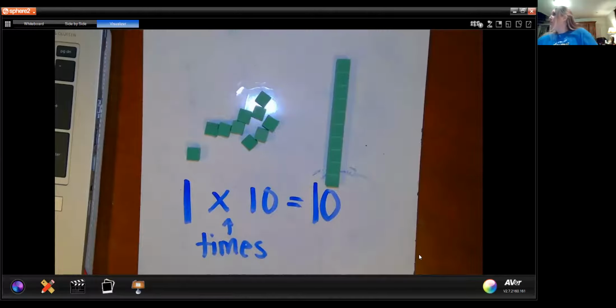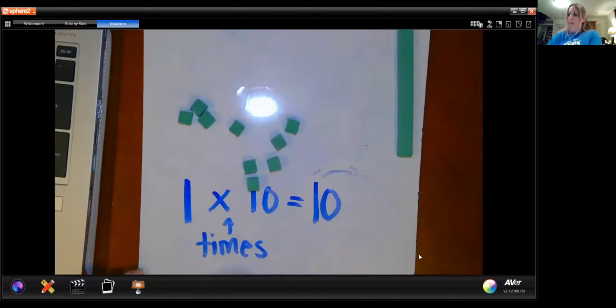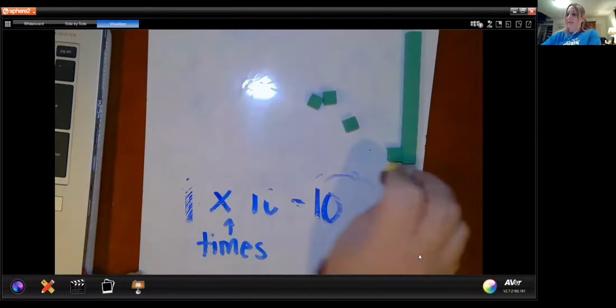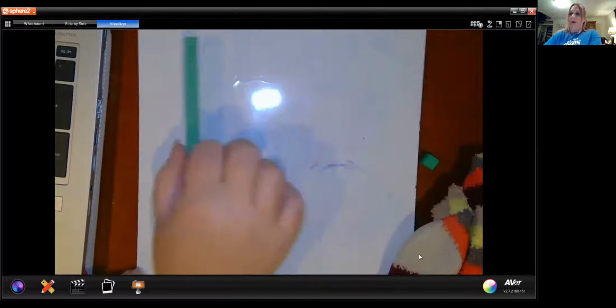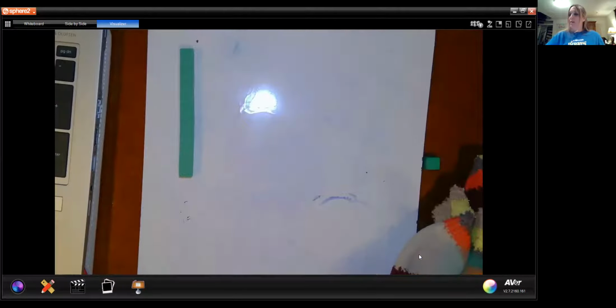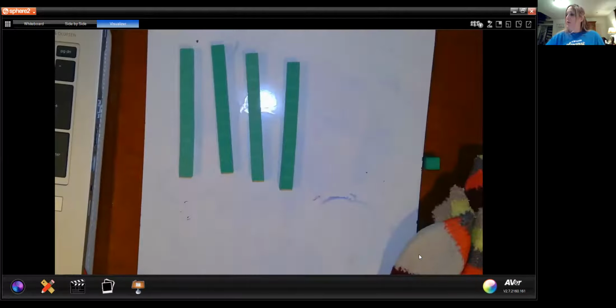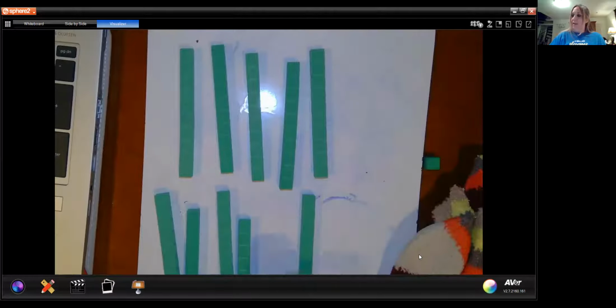And remember what I told you in the last video, you can use a sock as an eraser. It works very well. Okay, let's move all these guys to the side. Okay, now we have 10, also known as 10 ones. So let's keep building on him. 2, 3, 4, 5, 6, 7, 8, 9, 10.